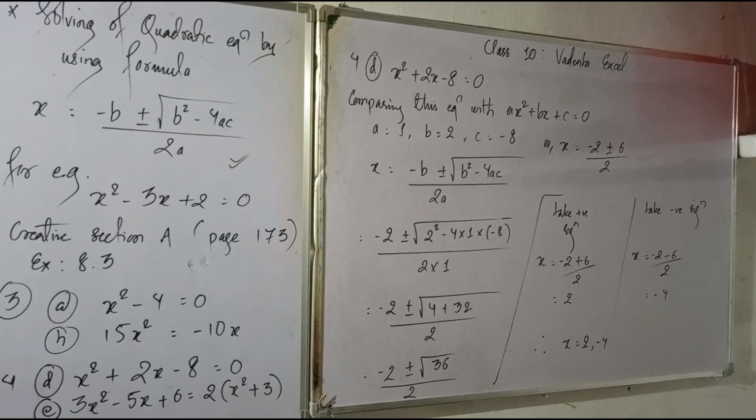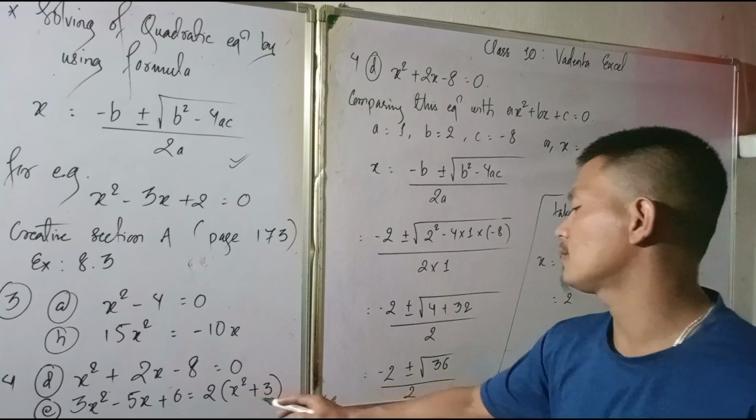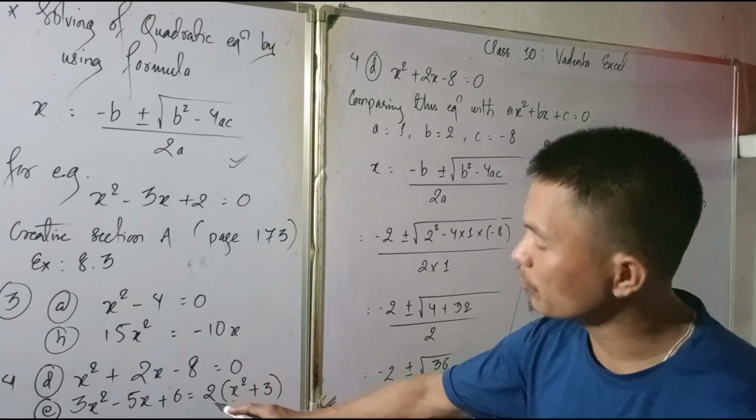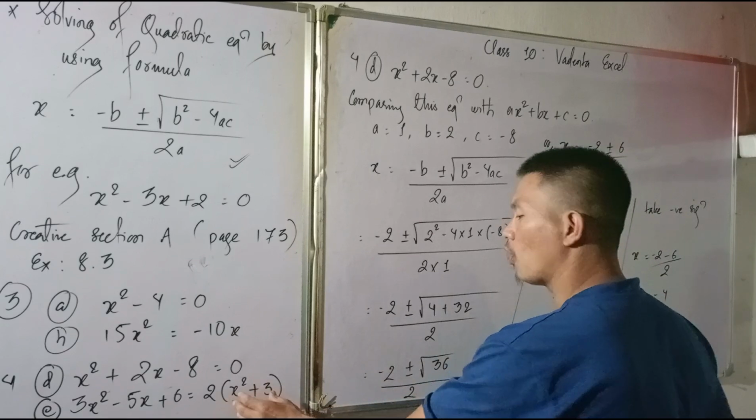You might be thinking about how to do this one, since there are other components mixed in there. You don't have to do anything special. You just multiply the right hand side, 2 times bracket x squared plus 3.